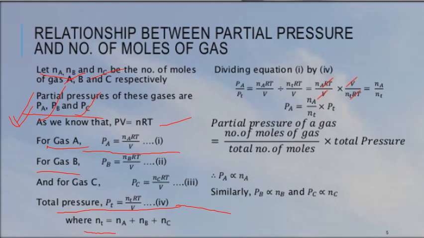PA upon PT is equal to nA RT upon V divided by n total RT upon V. When the two equations are divided, you will get PA is equal to nA upon nT into PT. All the other parameters will cancel out: RT will cancel, volume will cancel. The number of moles will not cancel: the number of moles of A, because it is only the moles of A, and the number of moles total, cannot cancel out.